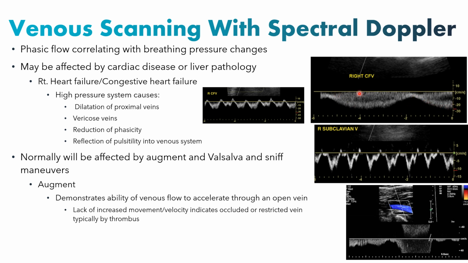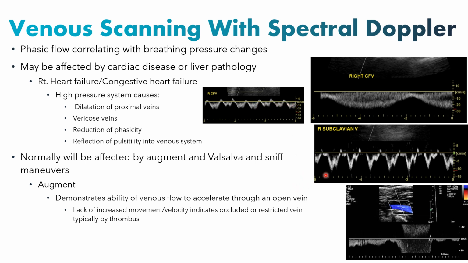Now, if we look at this other example, it looks very different, and yet it's still normal. In this case, we have a higher respiration rate, and you're seeing that phasicity more frequently, yet still normal.